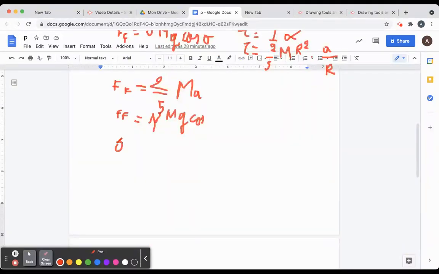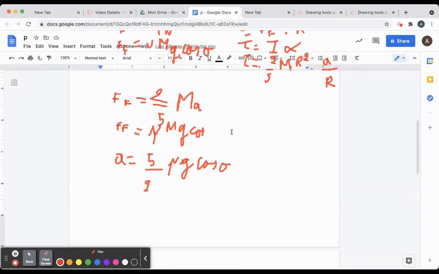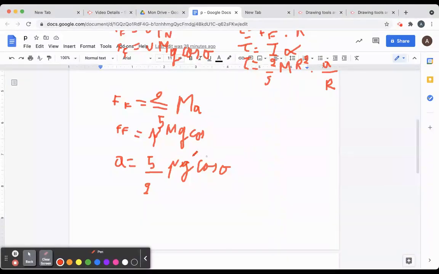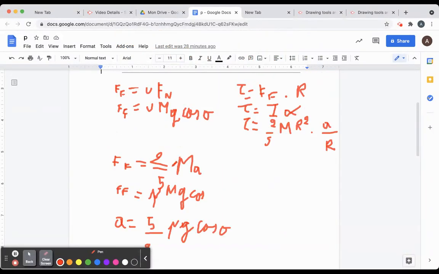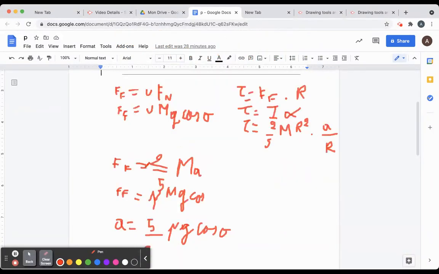Should give us here a is equal to 5 over 2 u g cos theta. And so this is the acceleration, right? And we can use that to find the coefficient of friction.